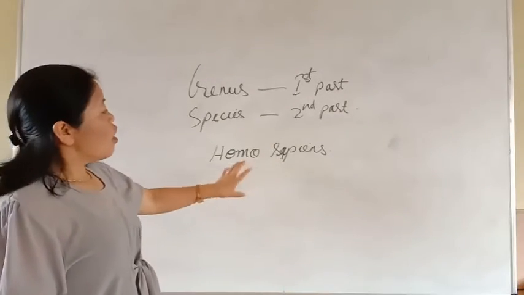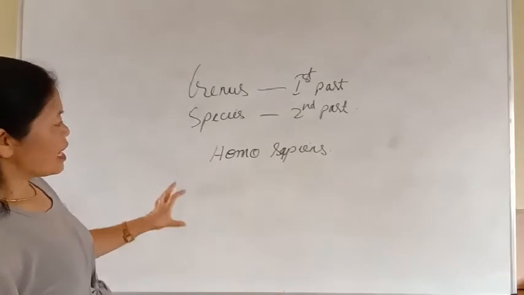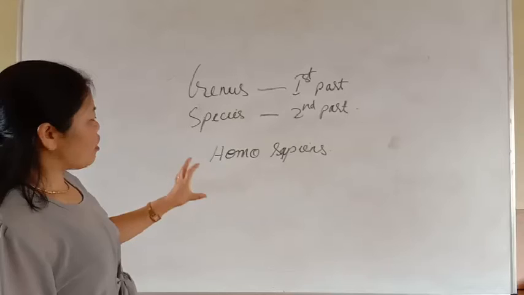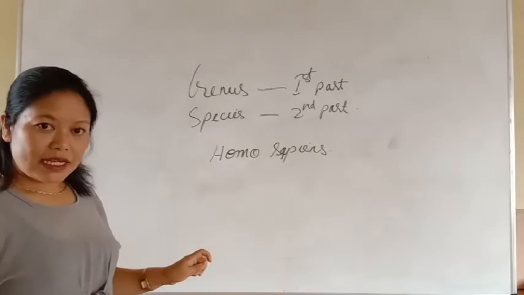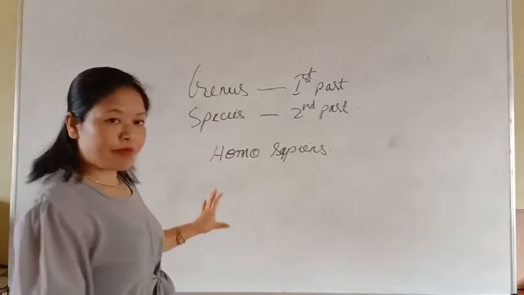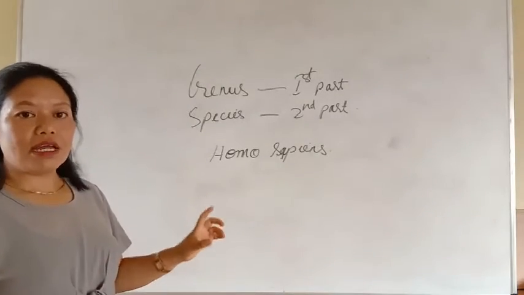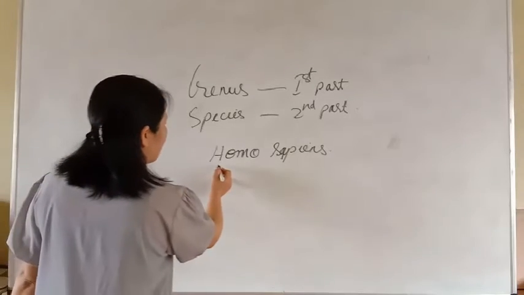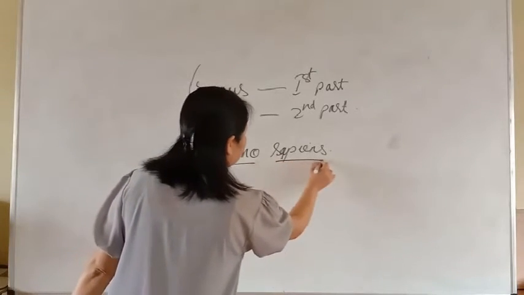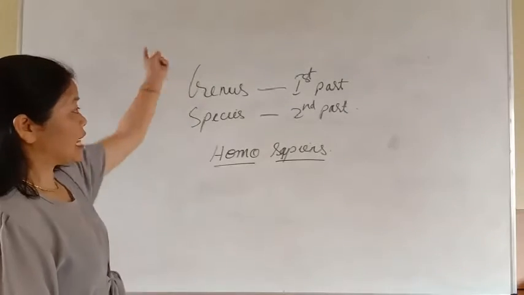Okay, so always remember that the scientific name is always written in Latin, and if it is printed, it is in italics, and if it is handwritten, then we have to underline the two words separately. This is an important part under binomial nomenclature.